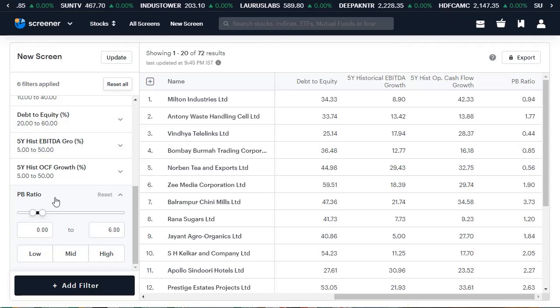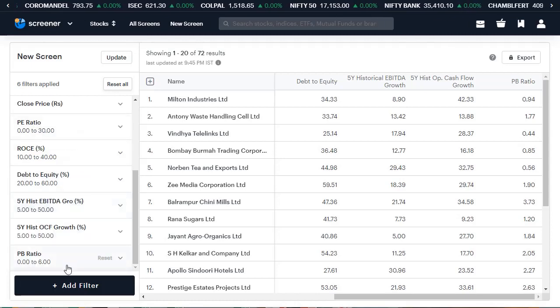I have taken the range for the price to book ratio as 0 to 6. The lower the price to book ratio signifies that the company is highly undervalued and has a very high chance of reaching a higher price or a higher value.